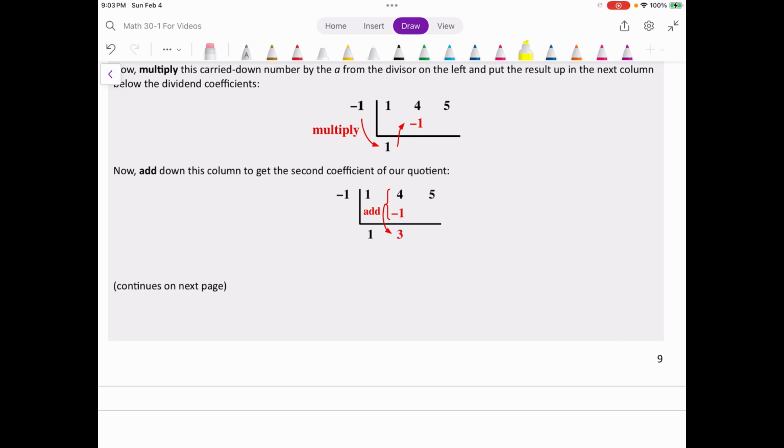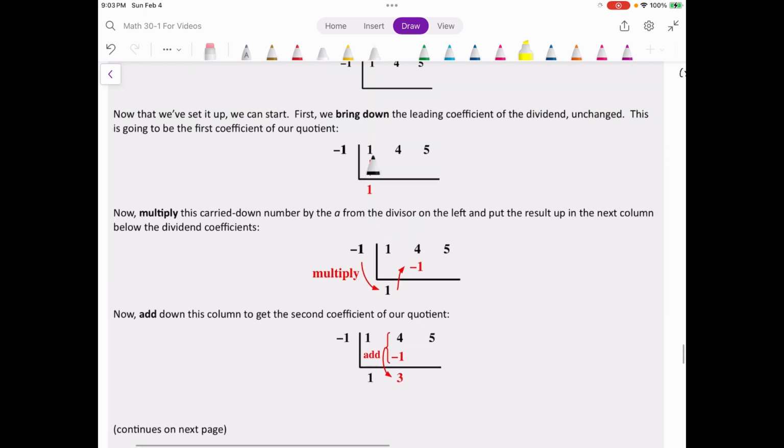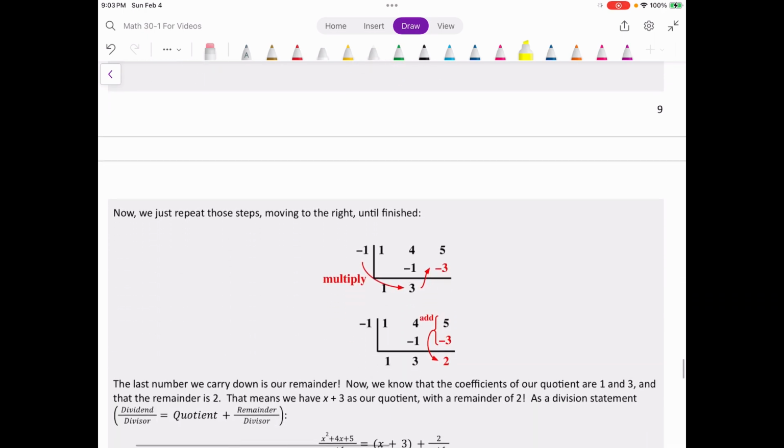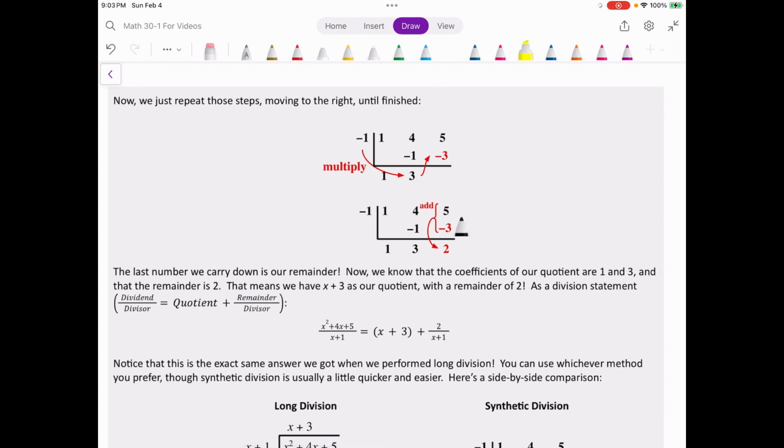And we're just going to keep going until we're done. We just repeat that process. So first, bring down, multiply, add, multiply. That's our next step here. So we're going to multiply negative 1 by that 3. Put the negative 3 up here. Negative 1 times 3 is negative 3. Add those. 5 plus negative 3 is 2.